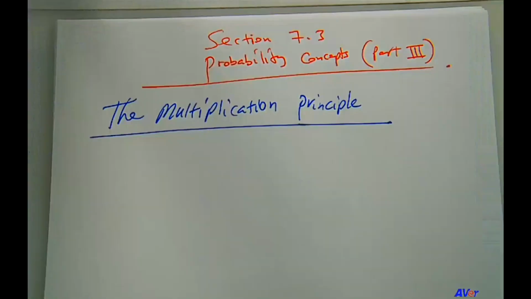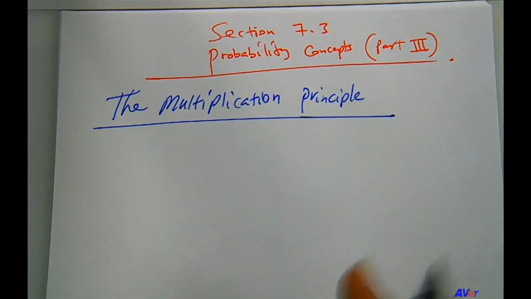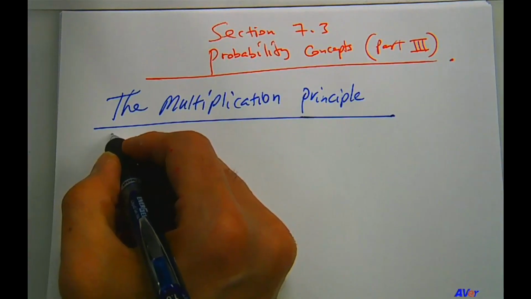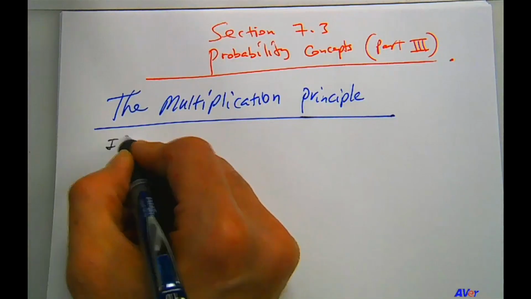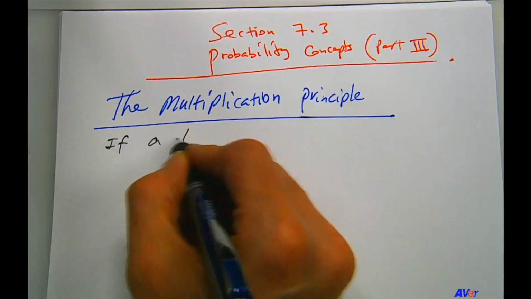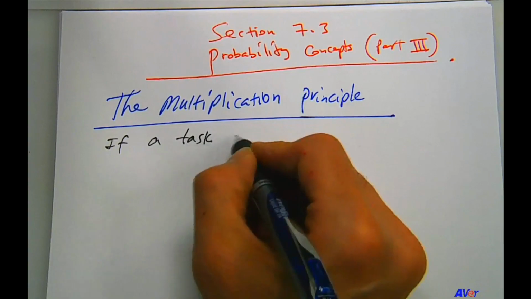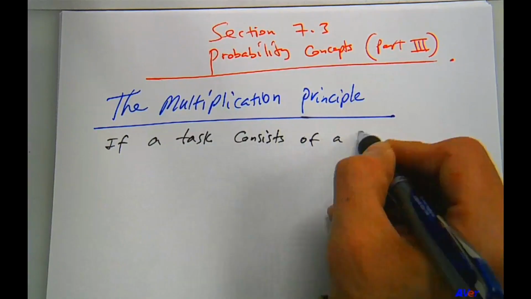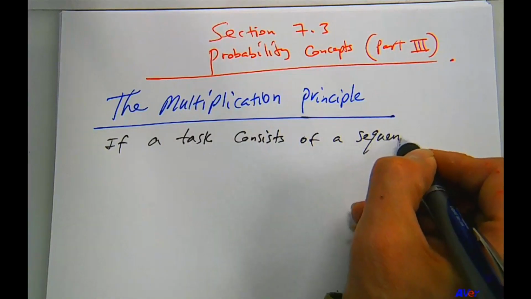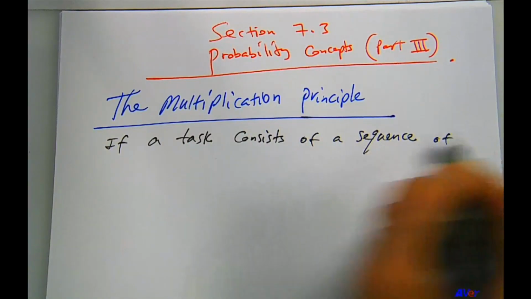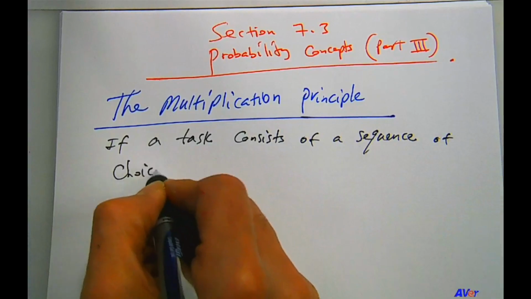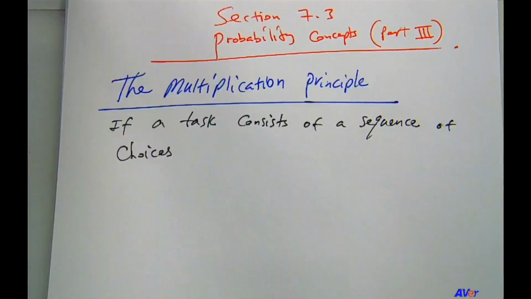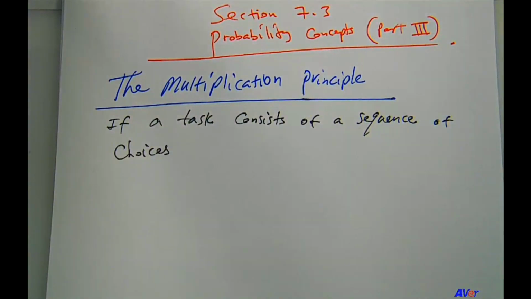I'll just describe it in words, and then we'll do some examples. That way you know how it works. Suppose a task involves a sequence of choices.